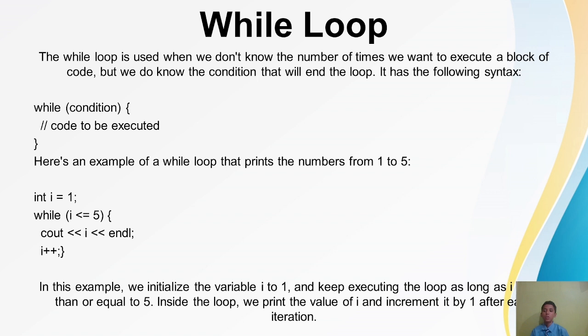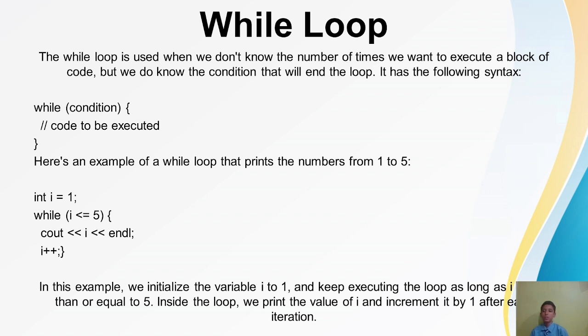code. Here's an example. We print numbers from 1 to 5. So int i = 1; while (i <= 5), and we print cout << i << endl, and we say i++.